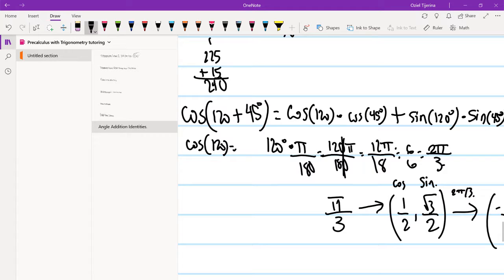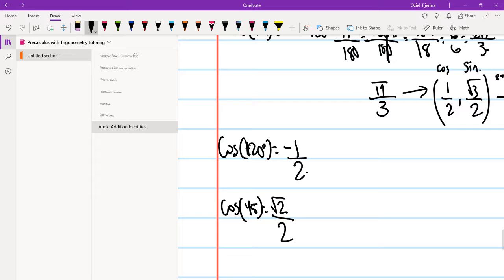And then we all know what the cosine of 45 degrees is. If you don't know, you can always just do the same thing. It's the square root of 2 over 2.